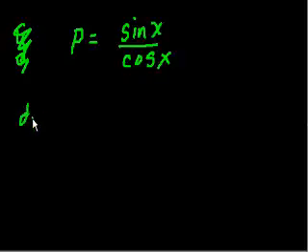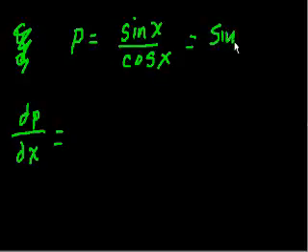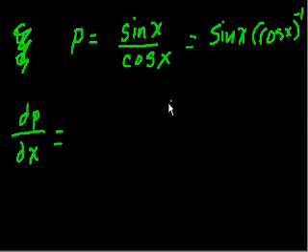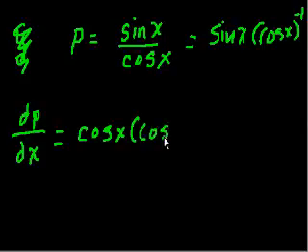Let's figure out dp/dx, the rate at which p changes with x. Once again, this is the same thing as sine of x times cosine of x to the negative 1, right? So we can just do the product and chain rules. The derivative of the first term, the derivative of sine of x, is cosine of x times the second term, cosine of x to the minus 1.